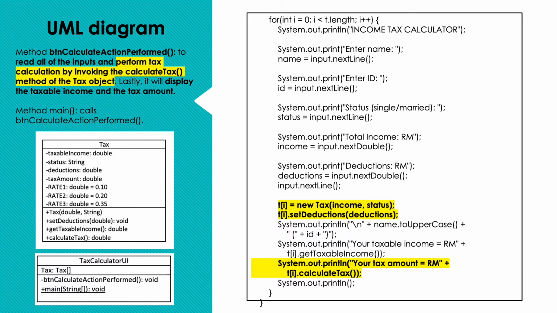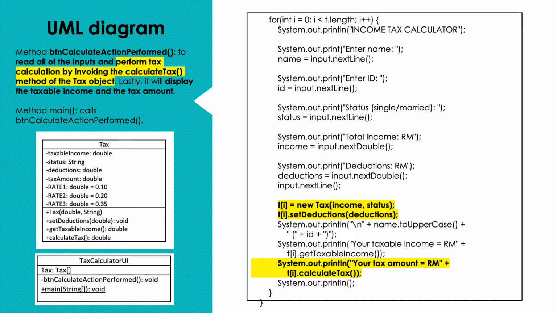inside my for loop. To invoke the calculateTax, I would write it as t[i] equal new Tax(income, status). So I'm calling the constructor and creating the object of it. And then I need to set the value for deductions. So I would write t[i].setDeductions, and it takes in the input, which is deductions.